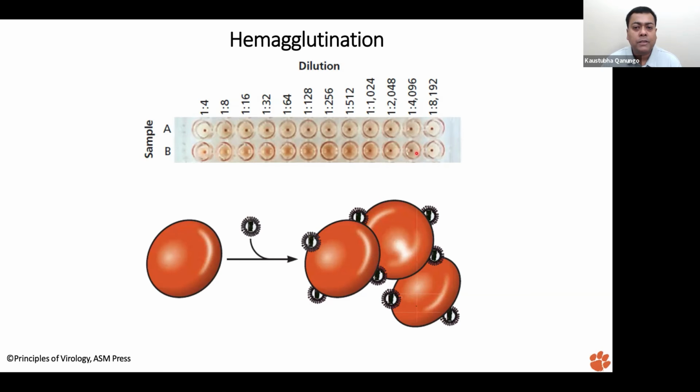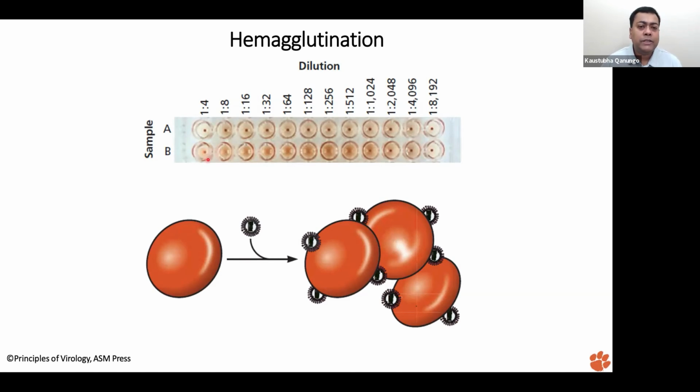We are seeing the buttons. So here, the hemagglutination is not happening, whereas here hemagglutination is happening. When the hemagglutination happens and the virus forms this lattice, the lattice formation doesn't allow these red blood cells to sink at the bottom, and you don't see these buttons. So what is happening right here?